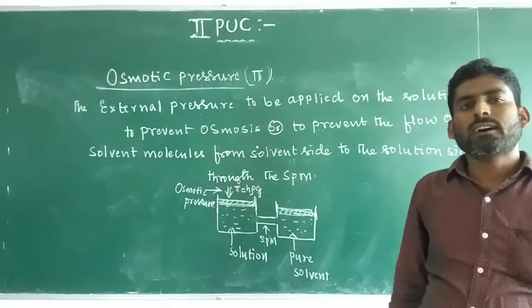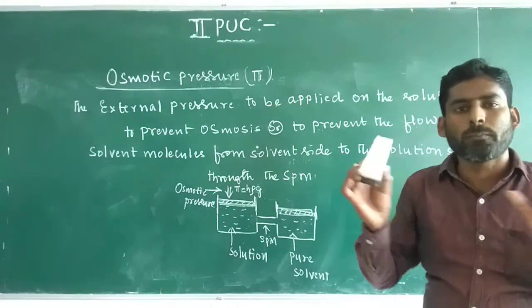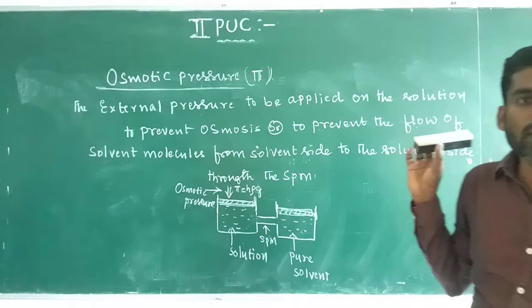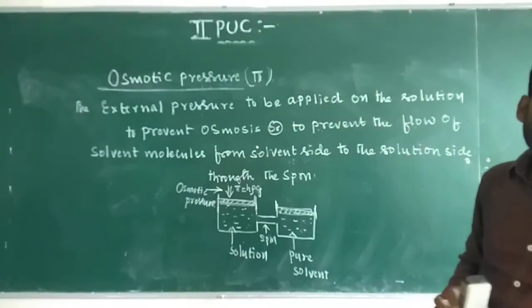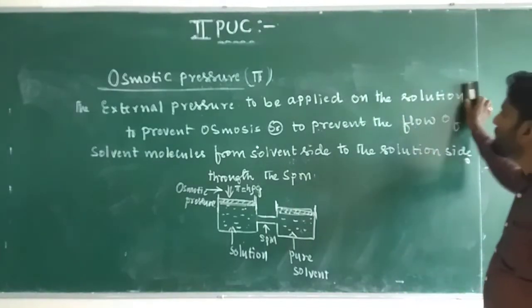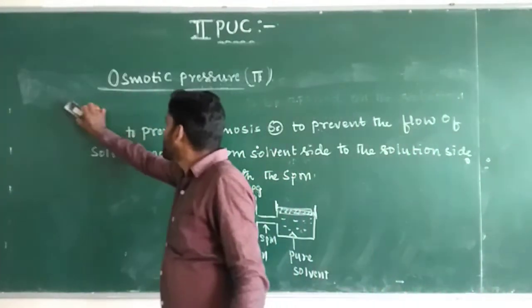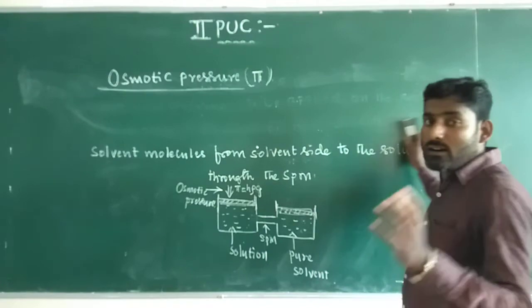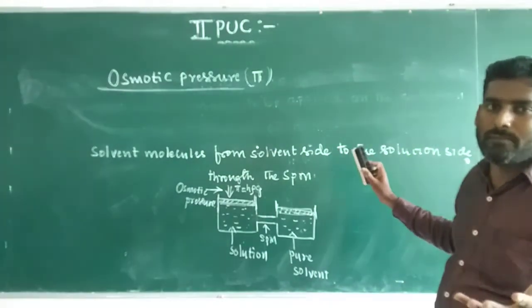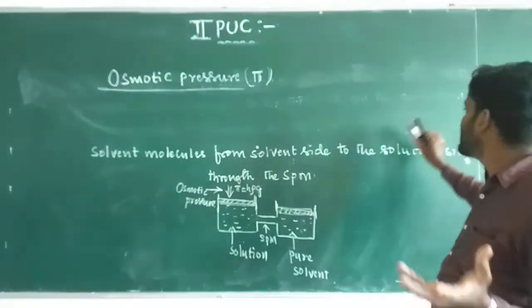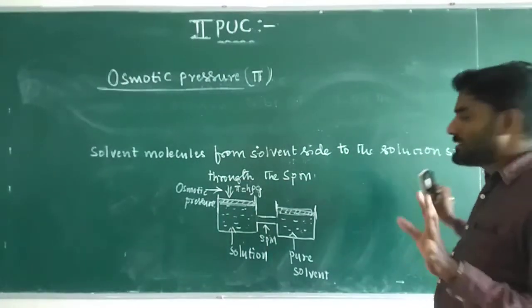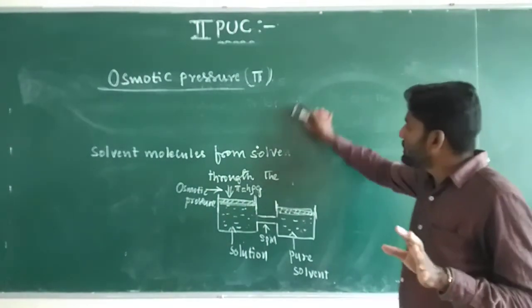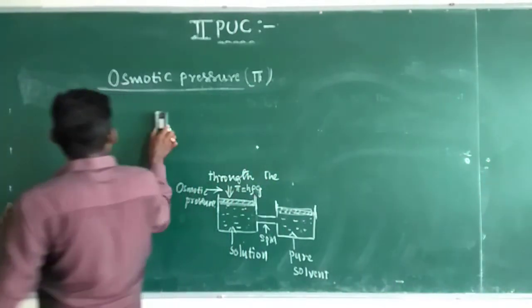And once again, osmotic pressure is a colligative property. It depends on the number of solute particles present in the solution. So that means osmotic pressure is directly proportional to the molar concentration of the solution. The concentration of the solution depends on the number of moles of solute particles present in the solution.